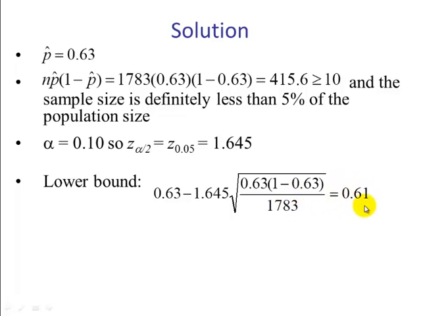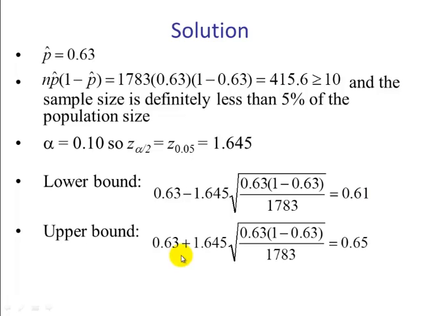This computes to be 0.61. Our upper bound is simply the point estimate plus the margin of error, which is our critical value of z times the standard error, which gives us 0.65. So our 90% confidence interval is 0.61 to 0.65.